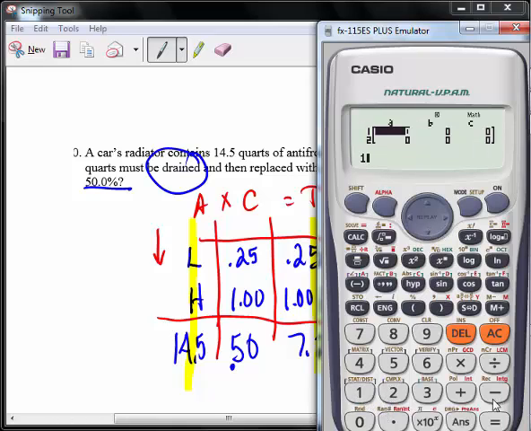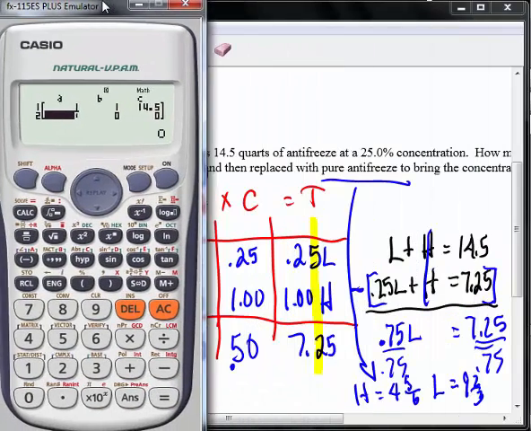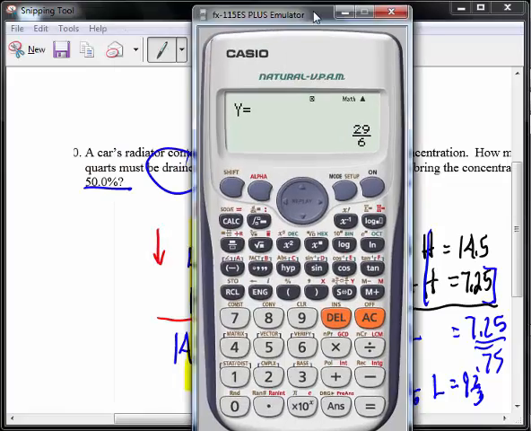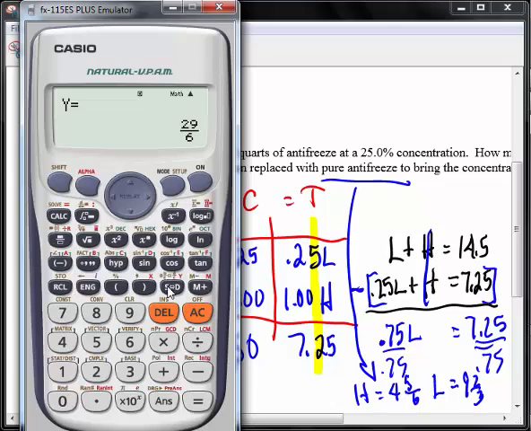So we have 1 low, and then 1 high adds up to 14.5, and we have 0.25 low plus 1 high, and we get 7.25, and the high is 9 2/3, and the low is 4 5/6.